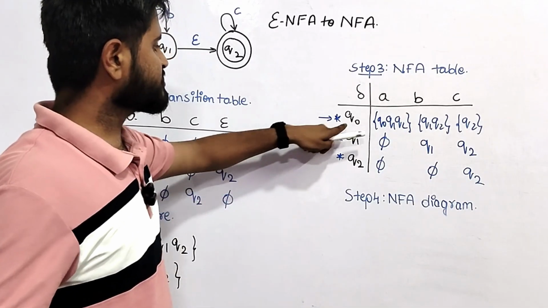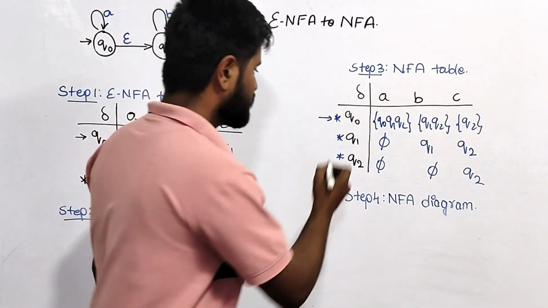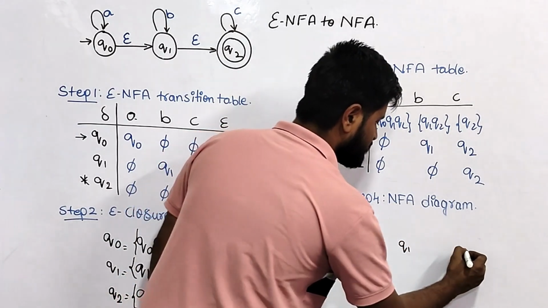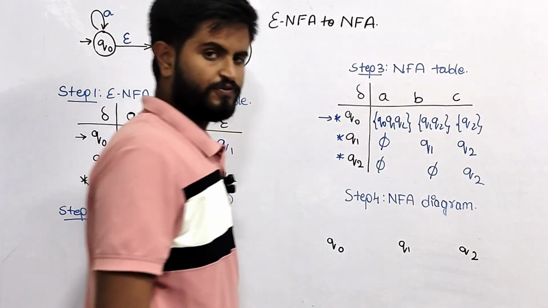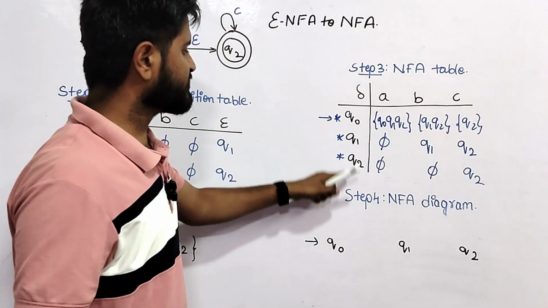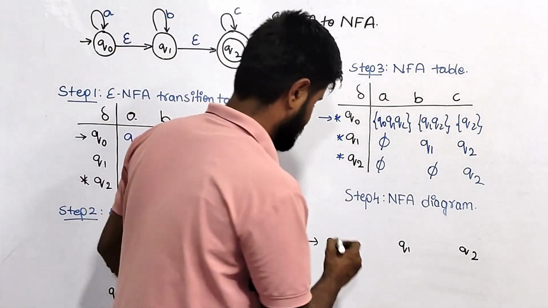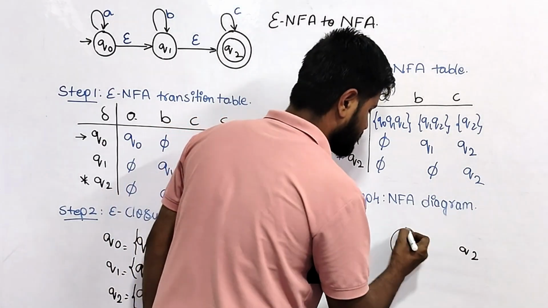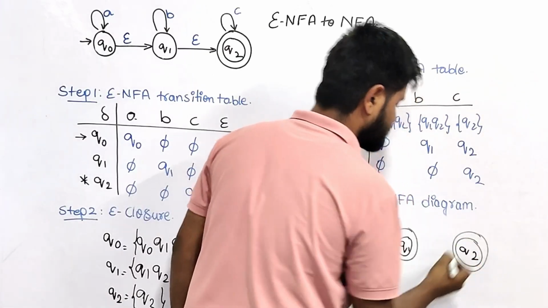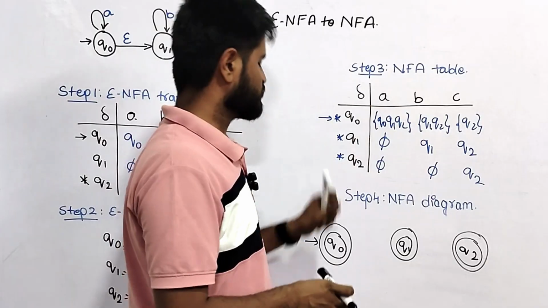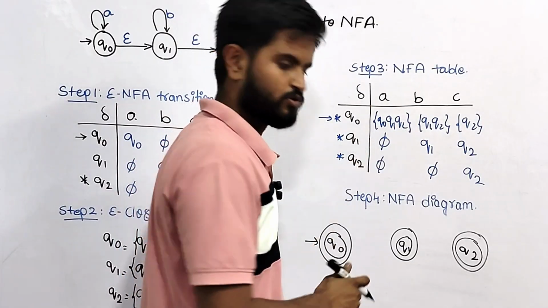What are the states used in the NFA table? Q0, Q1 and Q2. Now if you see here, Q0 is the initial state and all the three states will be acting as the final state, so all the states will be enclosed within two circles, which represents they are the final states. Now when you give A as the input for Q0, it is moving to Q0, Q1 and Q2.